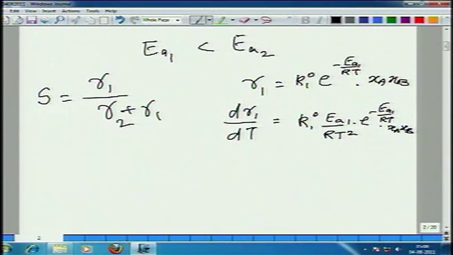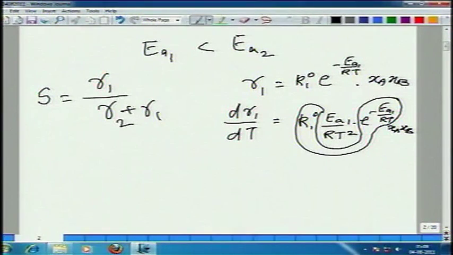This guy out here is nothing but the reaction rate at the original condition.